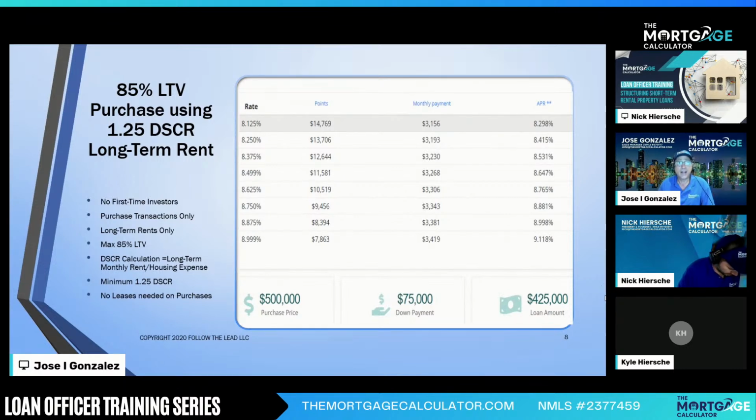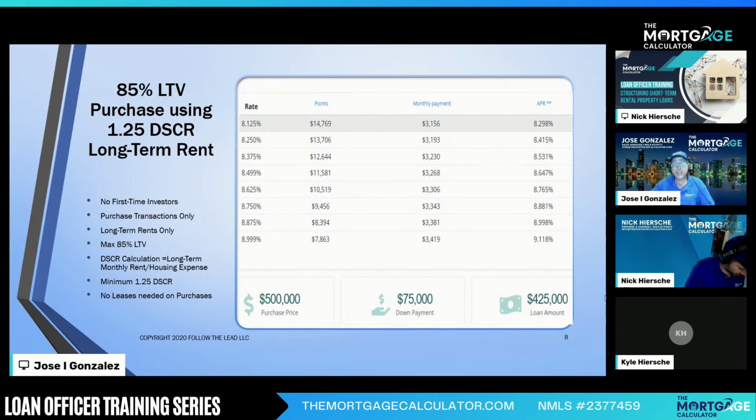And at our 8.125 option, we're at, let's say, 3650, somewhere around there. So we know what our target is here. And then we have to make sure, see the data we get from the realtor, do a little reconciliation there, and hope that we are at least at 125% of the housing expense with our rent. That would be the best case scenario here.